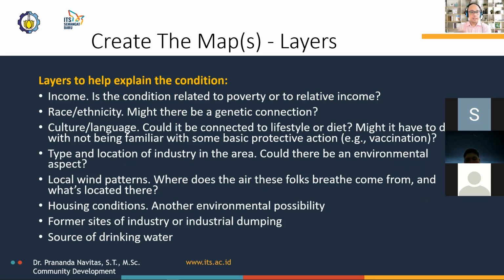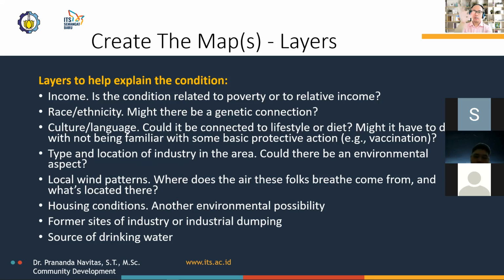Then, assuming that there are patterns, you want to layer other kinds of information that may help you explain the public health phenomenon that you're dealing with. So, for example, you know that this is a widespread condition, or perhaps the public health issue that you're observing only happens to certain parts of the community.